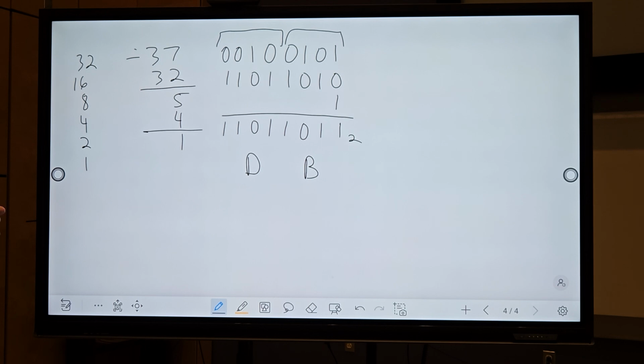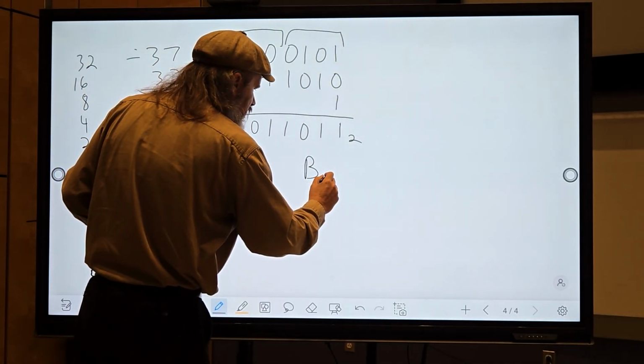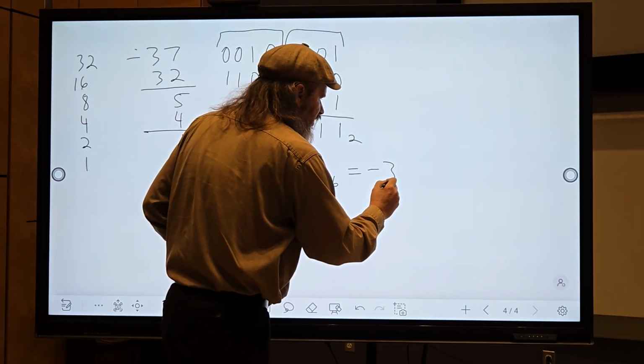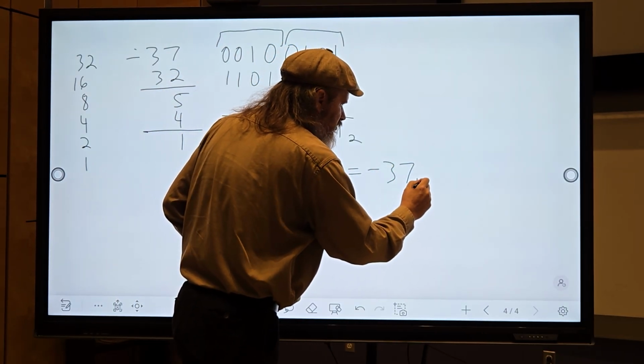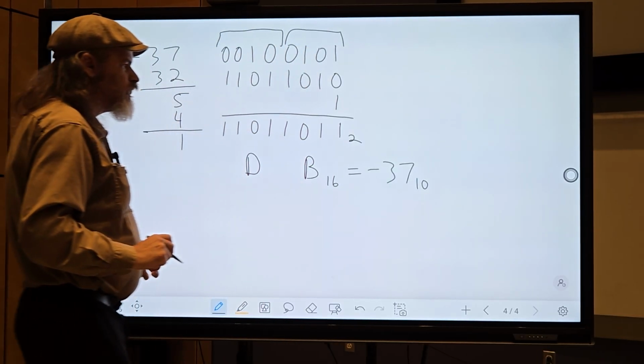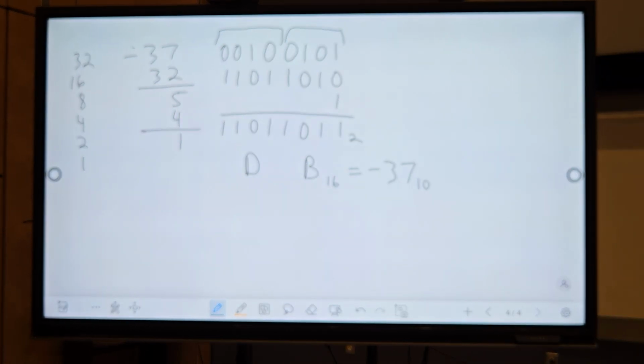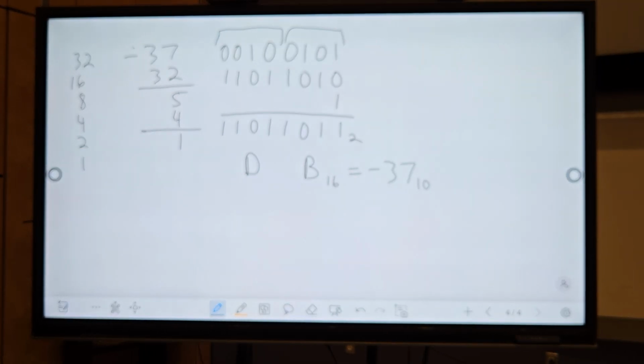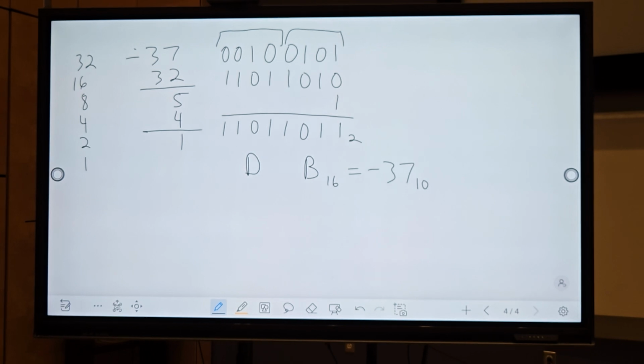So this is DB in hexadecimal equals minus 37 in decimal. Notice there's no negative sign out front. It is an 8-bit 2's complement representation of negative 37 in hexadecimal.